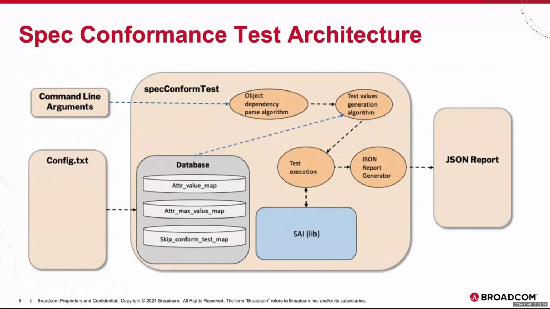The spec conformance test tool will be run on the switch directly, and the user provides input to the spec conformance test using the command line arguments or the config file. The user input is saved in the database, and this data will be used in conjunction with the metadata to determine the attribute test values.